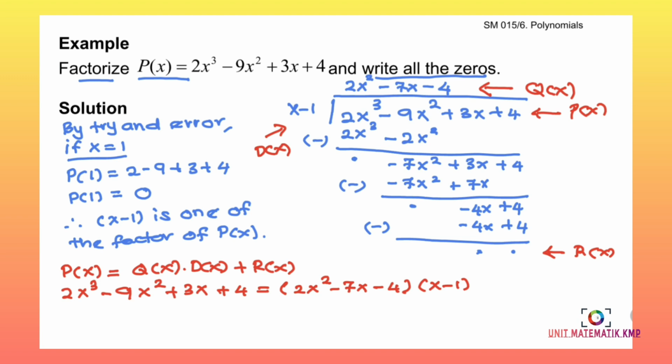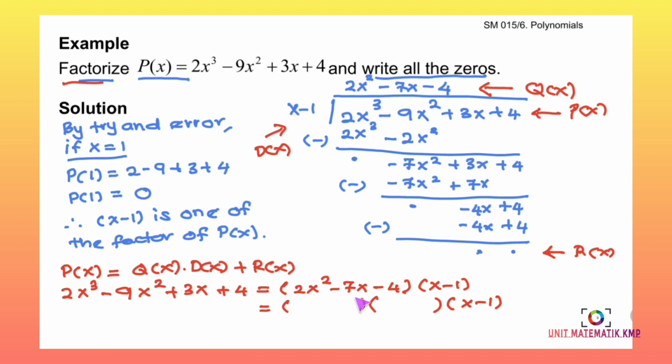All we want to do is factorize the given polynomial. If we check here, this is a quadratic function. We need to determine whether we can factorize this equation or not. If we can factorize, then we need to factorize. Can we factorize 2x squared minus 7x minus 4? What is the answer? Let's try.